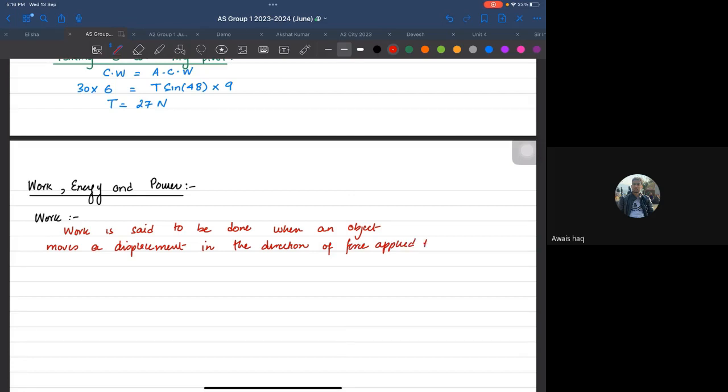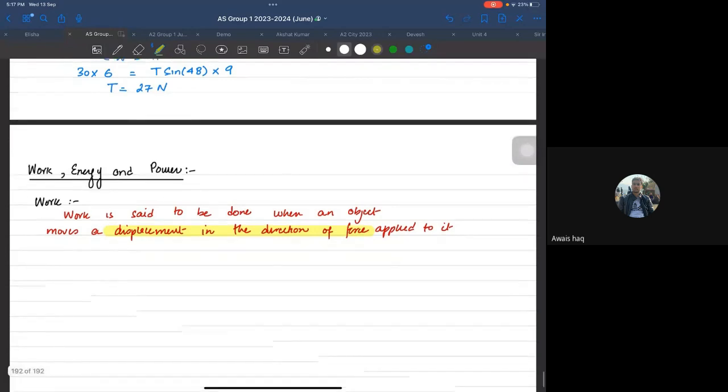Now, this is very important, and the key word is that it basically moves a displacement in the direction of force. Okay, so let me explain it in a bit.